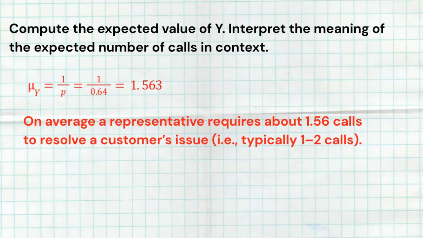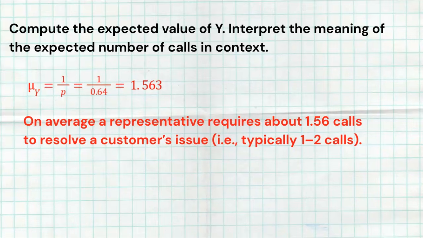This means on average, it'll take about 1.56 calls to resolve a customer's issue. Typically 1 to 2 calls, right? So basically, if this particular person were to keep a journal, and every single time she got a call, she kept track of how many calls she had to get until her first success.